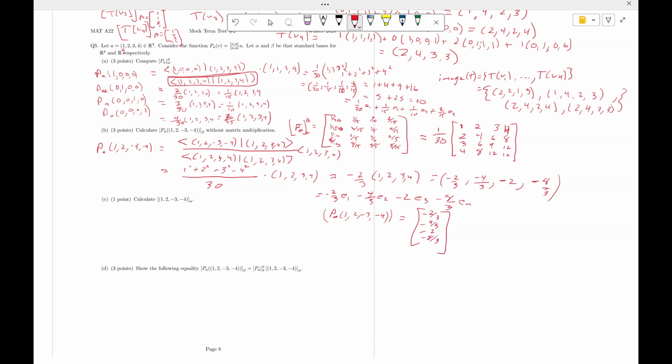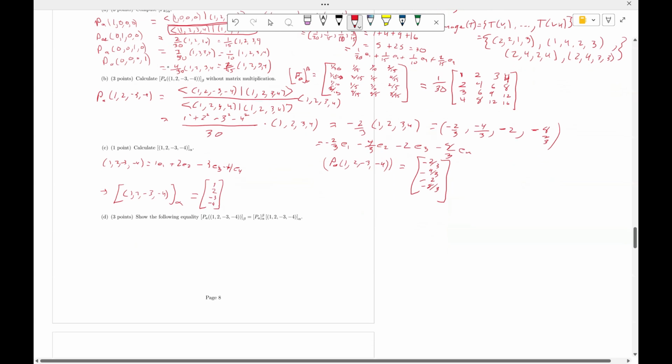Okay, now calculating this vector using alpha, well, 1, 2, minus 3, minus 4 equals 1 E1 plus 2 E2 minus 3 E3 minus 4 E4, which implies that 1, 2, minus 3, minus 4 in basis alpha equals 1, 2, minus 3, minus 4. And now we want to show equality.